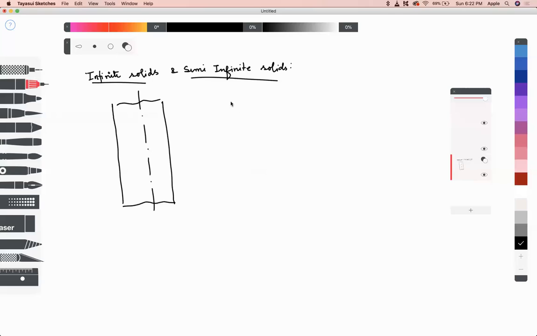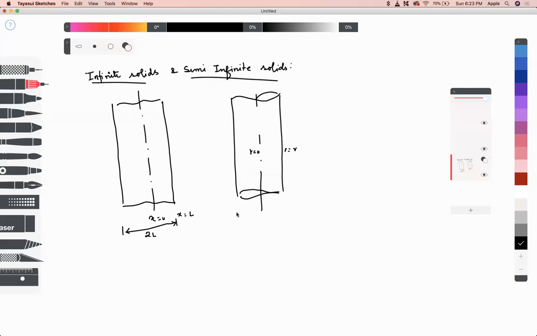Similarly, we can also have a cylinder, which will be symmetrical about this. This is r equals 0 and this is r equals R. This is, we call it x equals 0, this is x equals L. So this total length is twice L. And this is twice R.